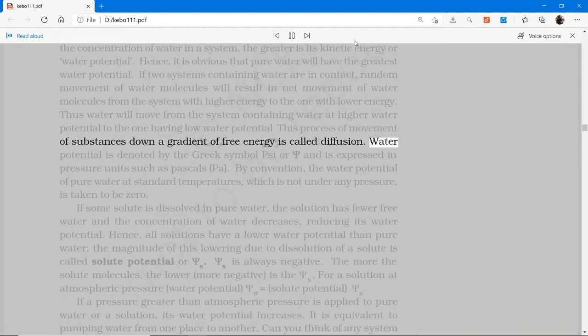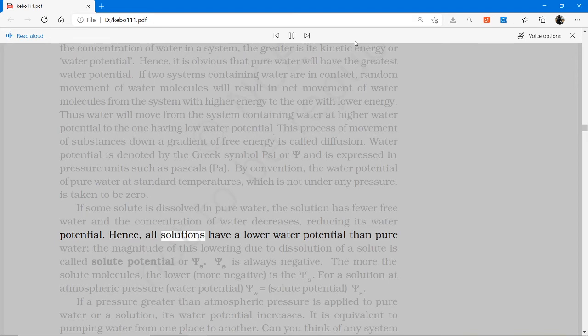Water potential is denoted by the Greek symbol psi and is expressed in pressure units such as pascals, Pa. By convention, the water potential of pure water at standard temperatures, which is not under any pressure, is taken to be 0. If some solute is dissolved in pure water, the solution has fewer free water molecules and the concentration of water decreases, reducing its water potential.